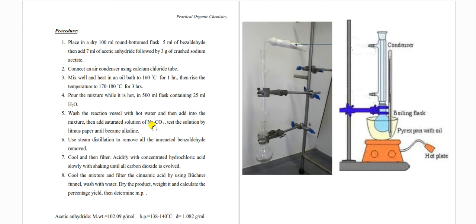Then, if you have any excess or unreacted benzaldehyde, we have to remove it by steam distillation of this mixture.